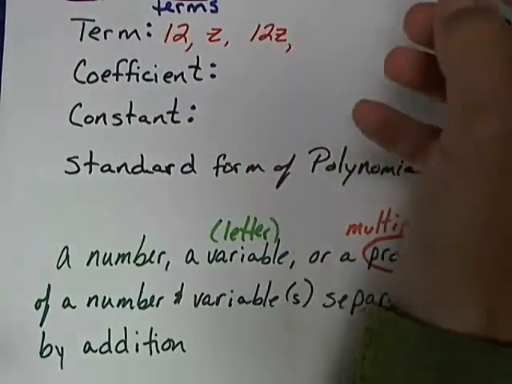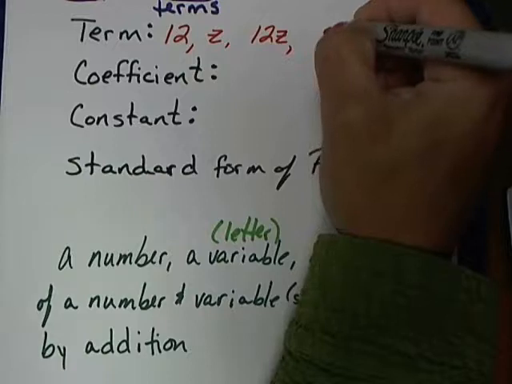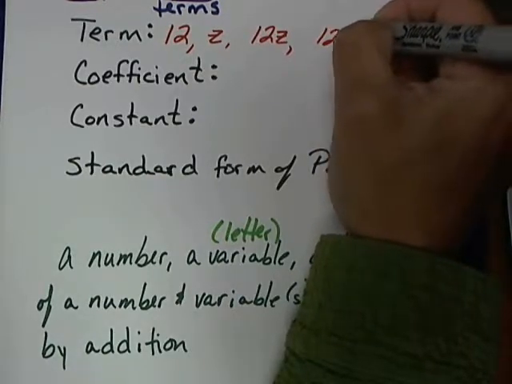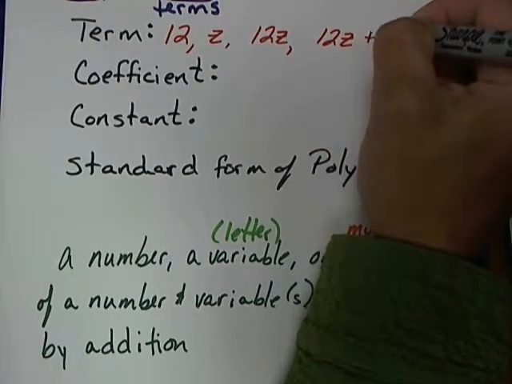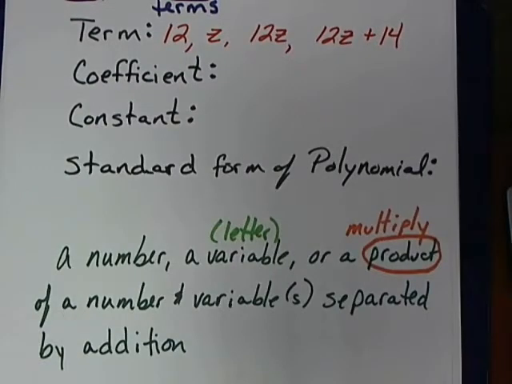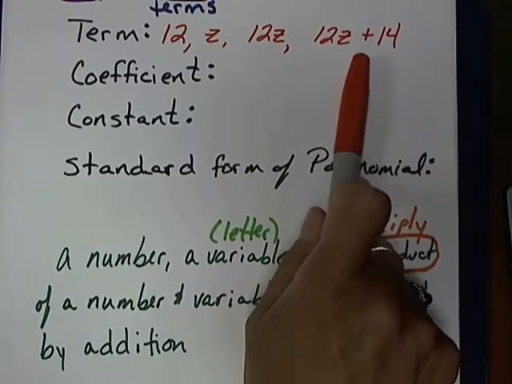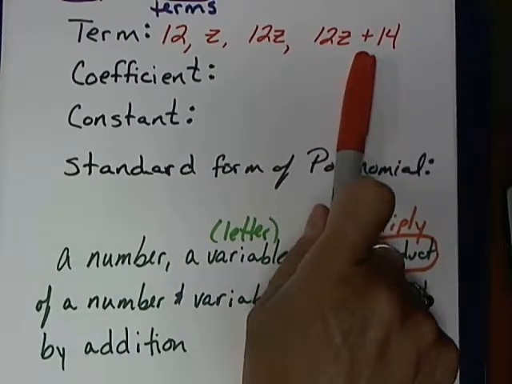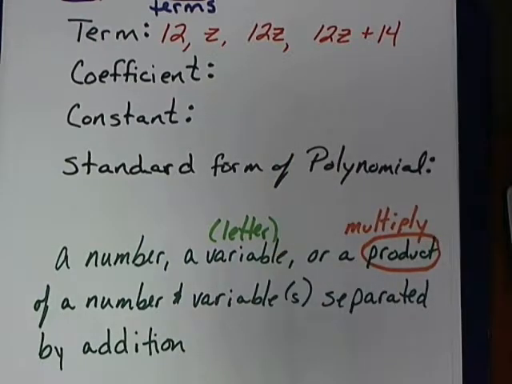So I can put a few terms. How about 12Z plus 14? Now I have two terms. 12Z is a term and 14 is a term. And the two of them are separated by the plus sign. That's how one term ends and the next term begins.